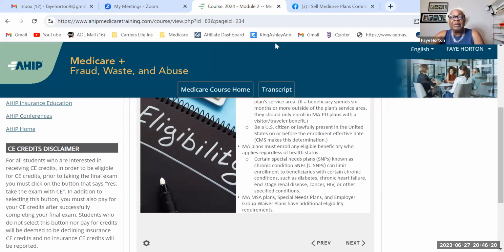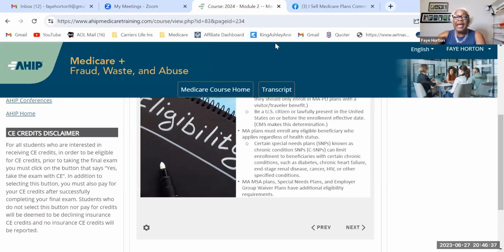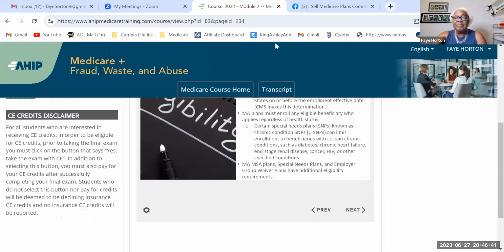Certain special needs plans, those known as the chronic condition SNPs, the C-SNPs, can limit enrollment to beneficiaries with certain chronic conditions, such as diabetes, chronic heart failure, end-stage renal disease, cancer, HIV, or other specified conditions.